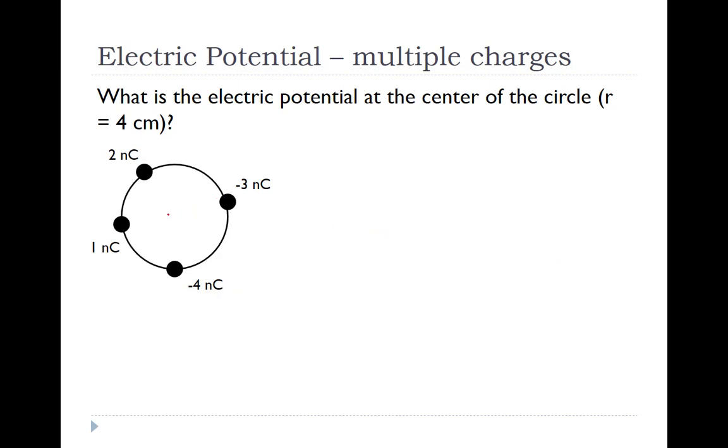So I'm going to begin. Remember, we're going to the center of the circle, and I give you the radius, by finding the contribution for the total potential due to each piece.